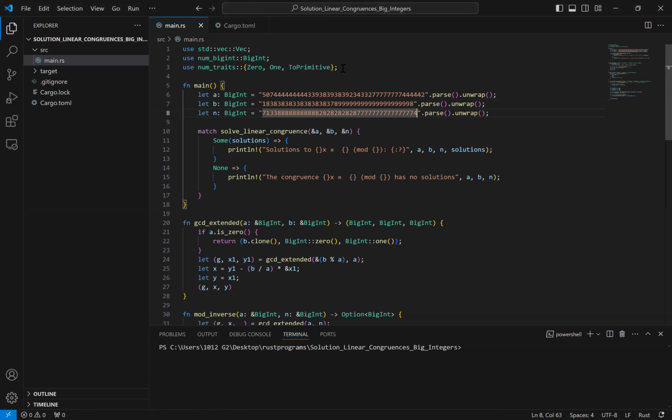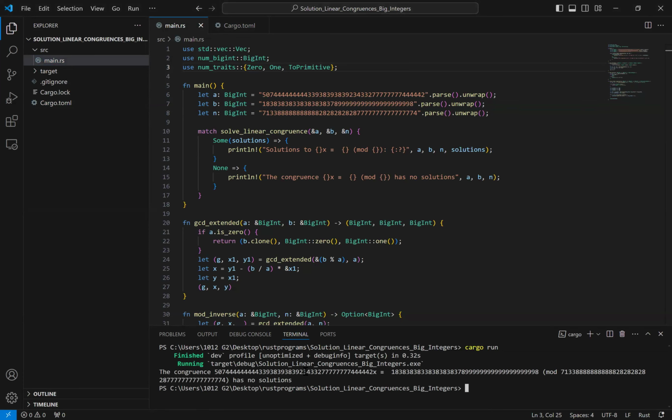Then the libraries here. Then the cargo terminal here. Let's run this. Yeah, of course, it has no solutions.